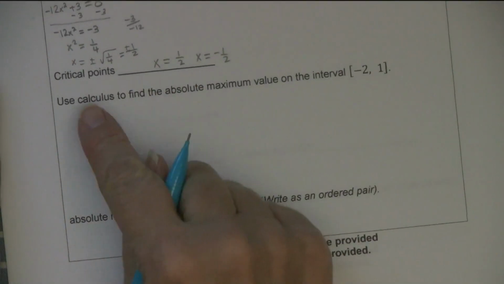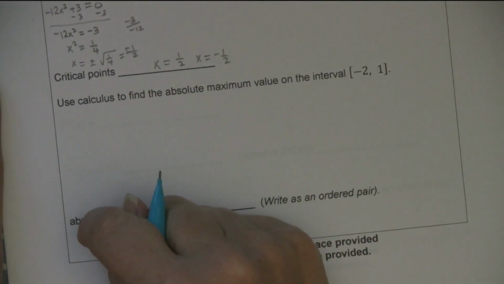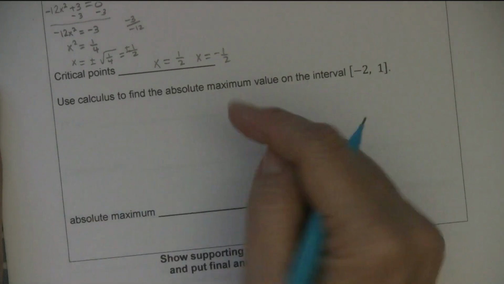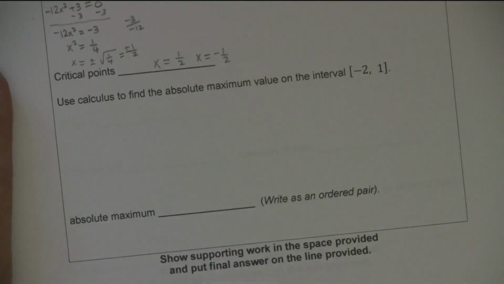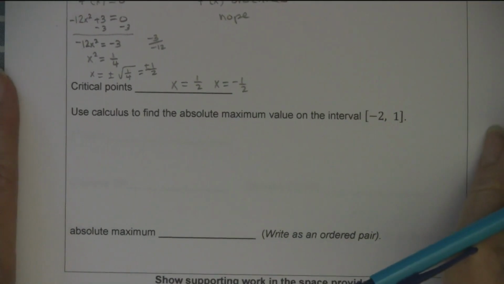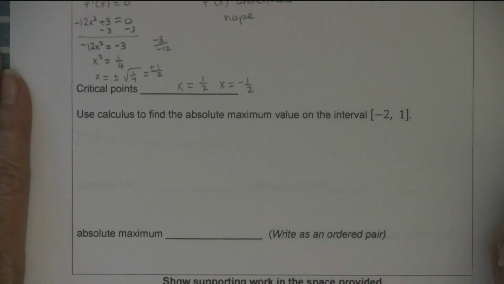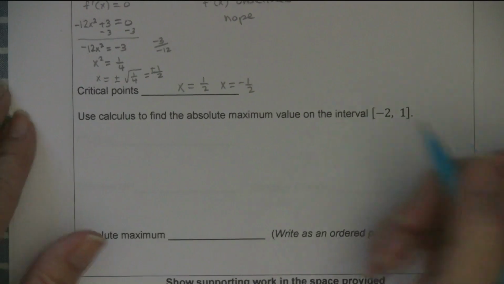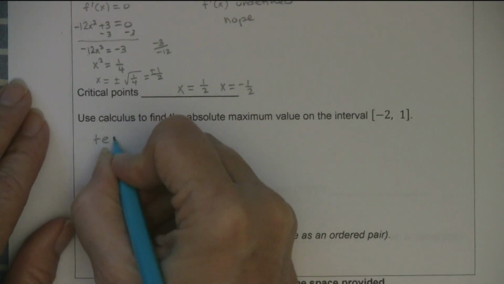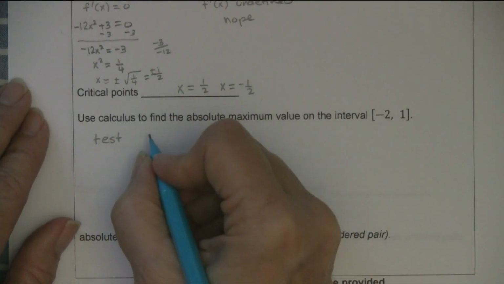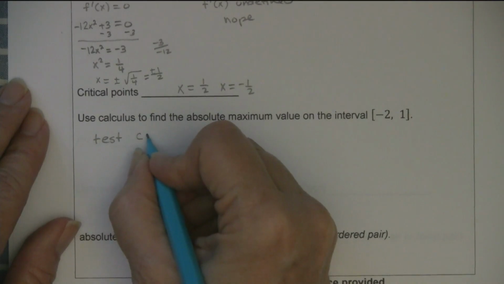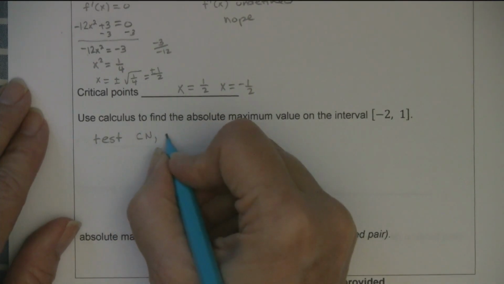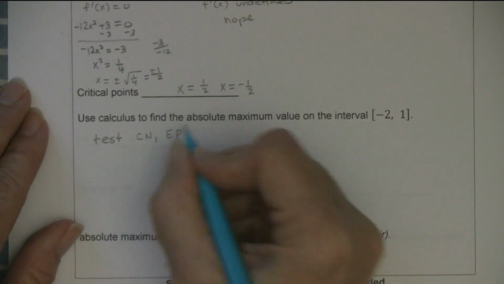Okay, I said using calculus because I didn't want people to graph it or anything like that. I wanted them to use the calculus method of finding the absolute max. So how you find the absolute max is you test the critical numbers, CN, and the endpoints, right?